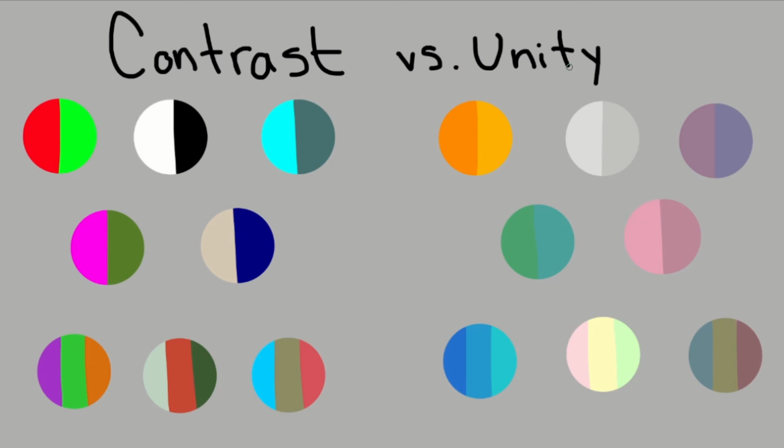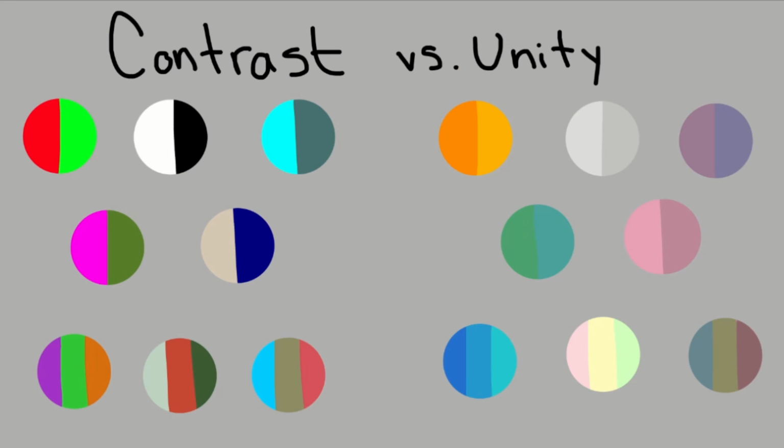If you want more unity, you're going to stick to analogous colors, colors that are similar in value or similar in saturation. So either keep it bright or keep it dull. I try in my art to have both. If you want something to stand out, it's good to have a lot of unity around it and then have that one thing in contrast.